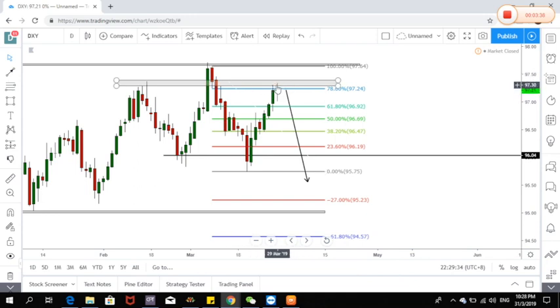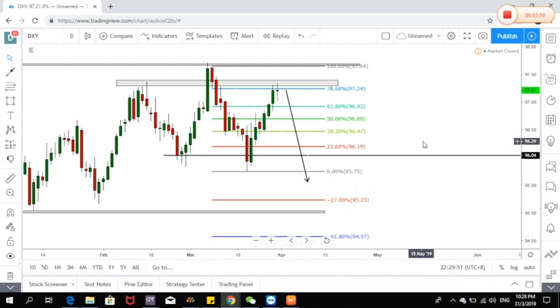Price here did not manage to create a new higher high, so most likely the US dollar will come to a downtrend and then create a new low. The new low should be around this target, almost at negative 27%.